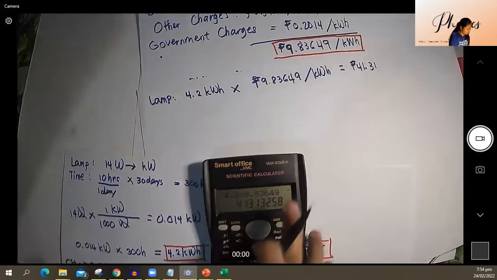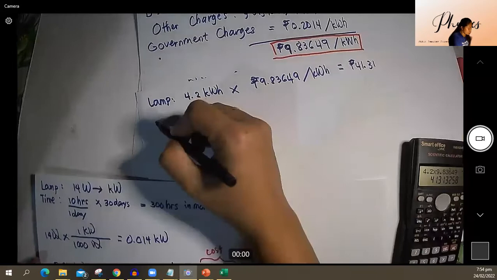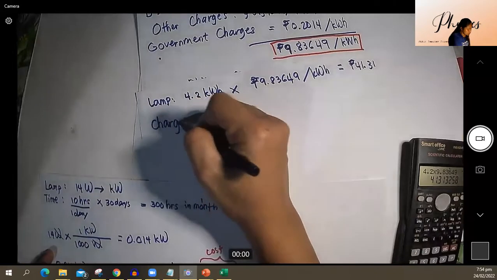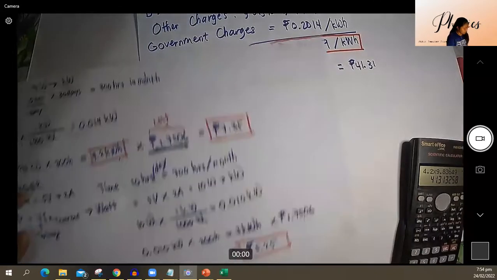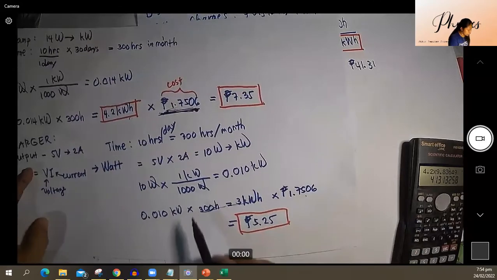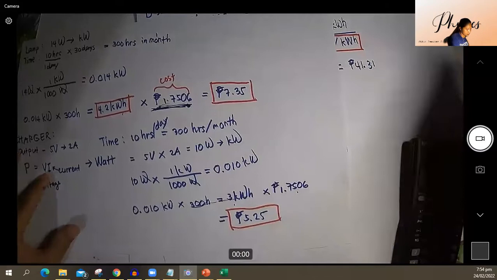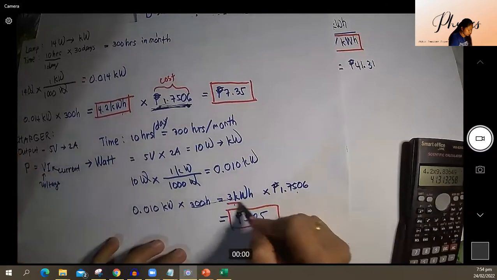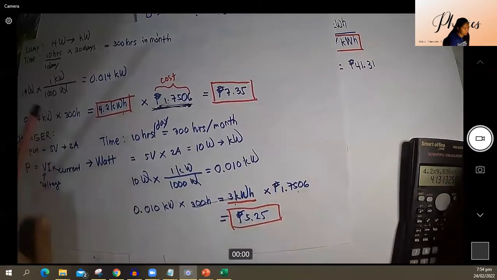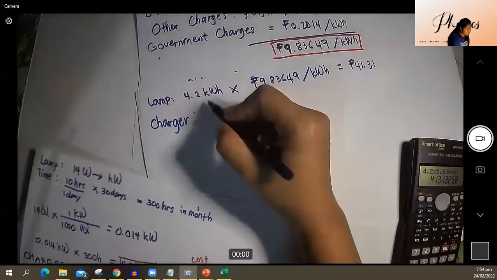Now let's have our charger. From our calculations, we have 3 kilowatt hour, and that's the usage for 1 month.